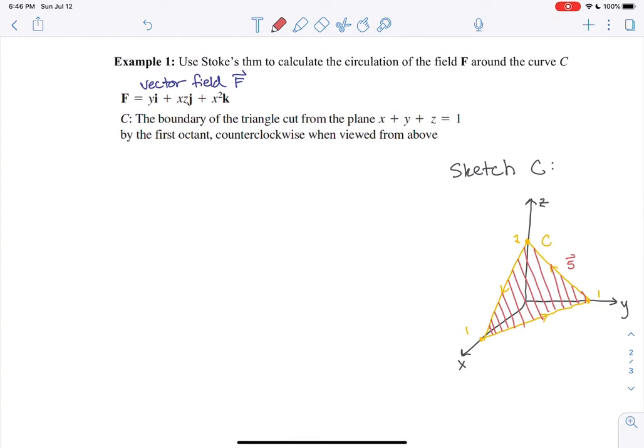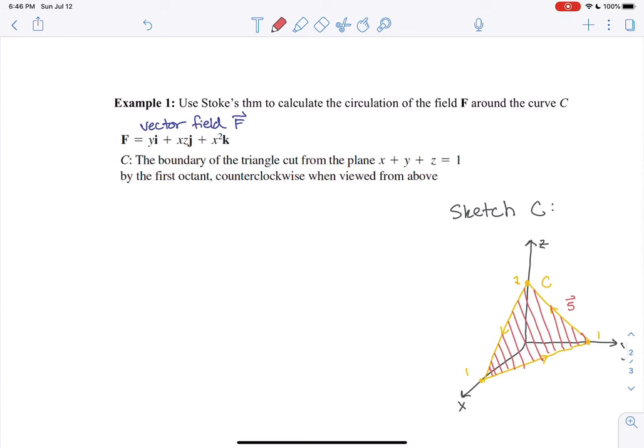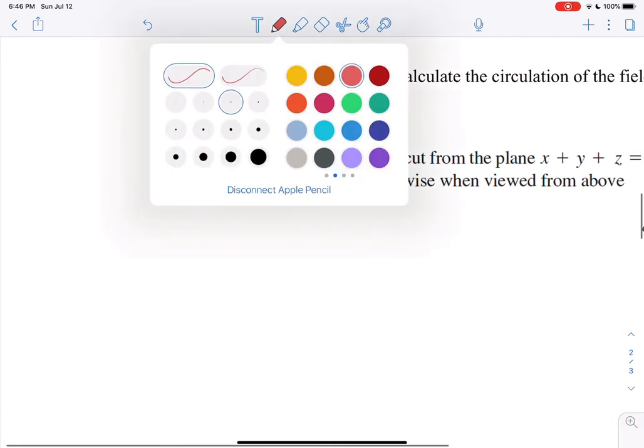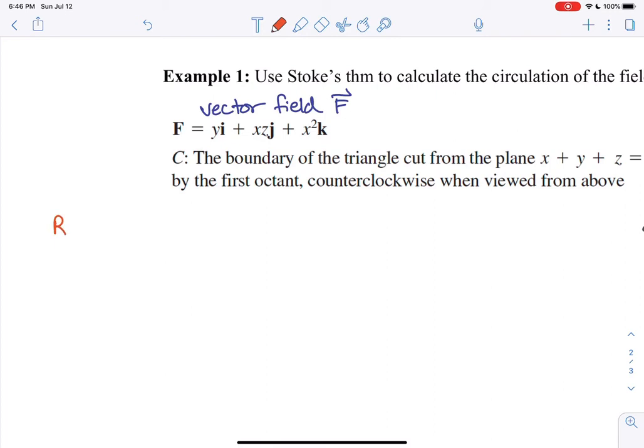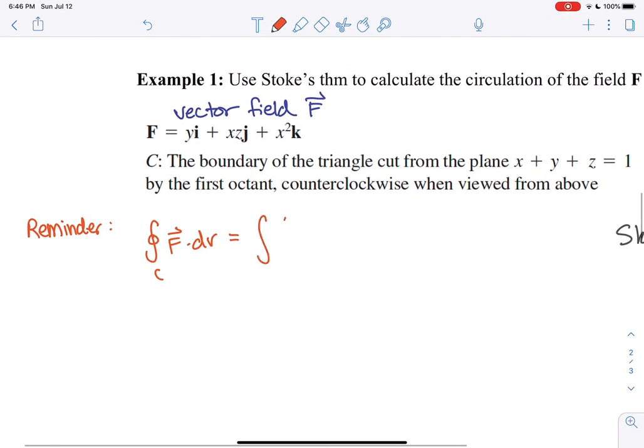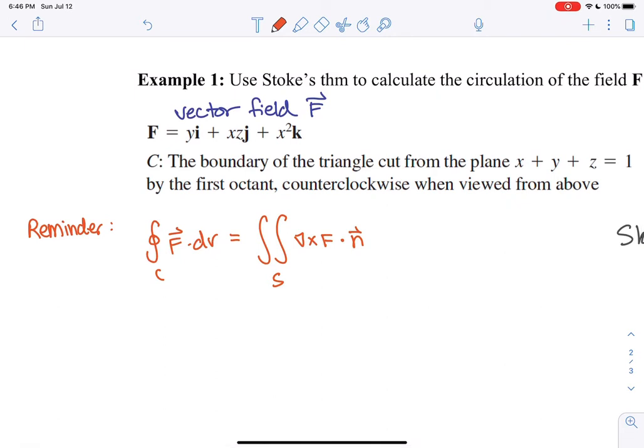Okay, fantastic. The first thing we need to do is rewrite Stokes' theorem real quick, just to have it in front of us to use. So, a reminder: Stokes' theorem is the line integral across a curve of the vector field is equal to the surface integral of the curl, dotted with the normal vector, dS.